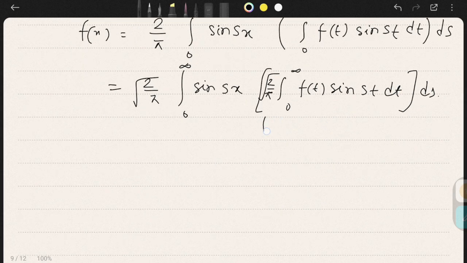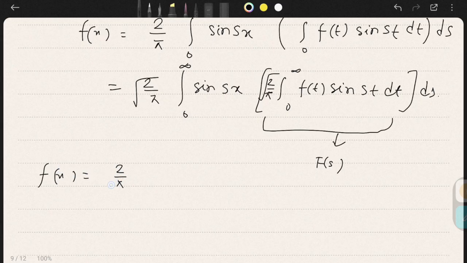Now just put this as F(s). We just substitute F(s), so f(x) becomes the integral from 0 to infinity of sin sx F(s) ds. That's it.